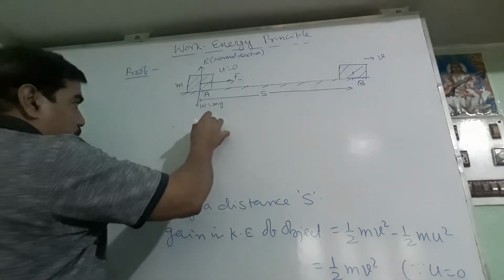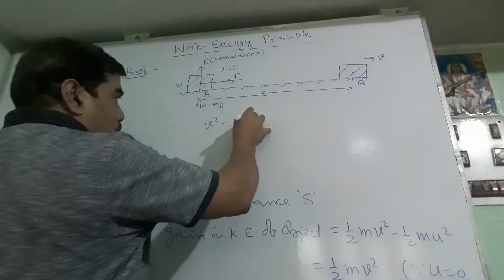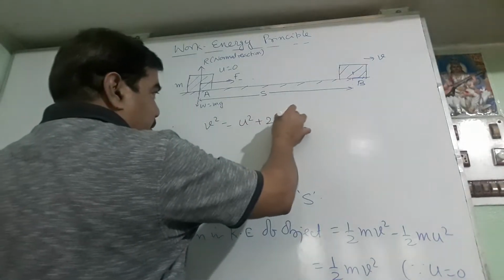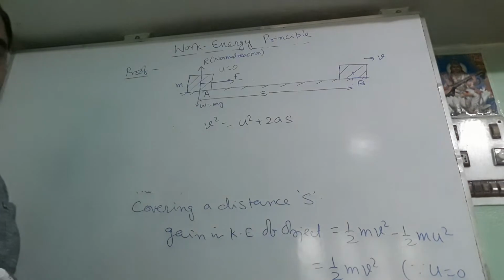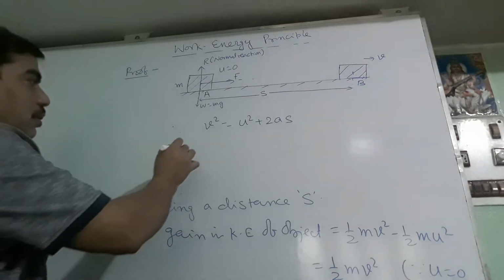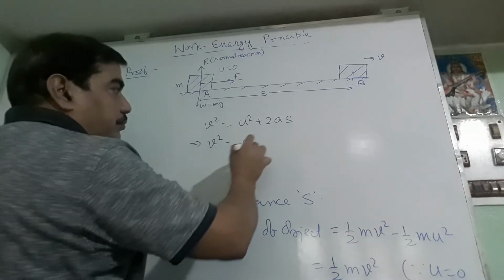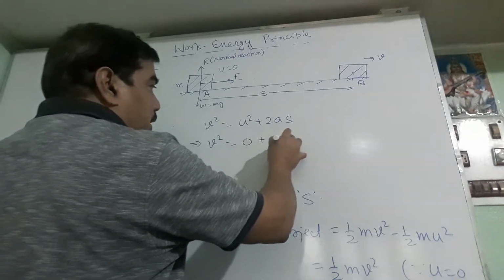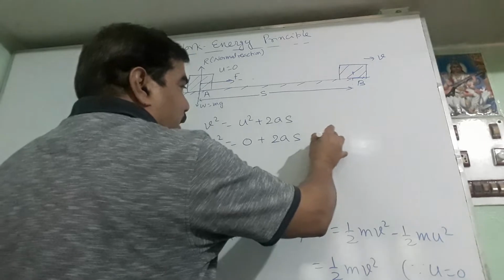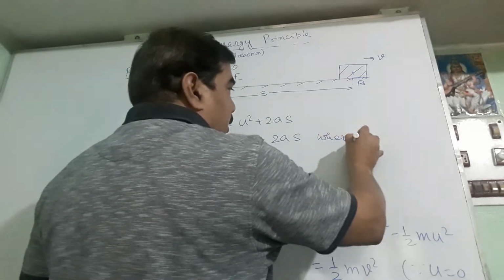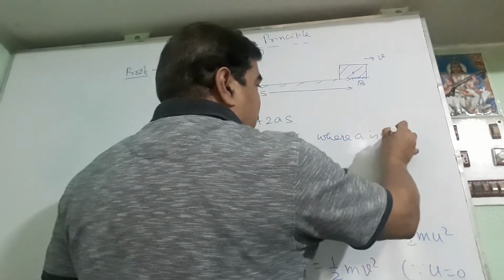Since v square is u square plus 2as, here v square equals u is 0 plus 2as, where a is the acceleration of the object.